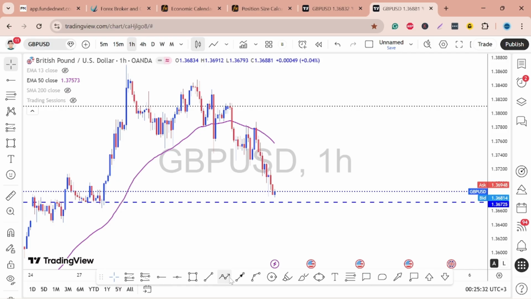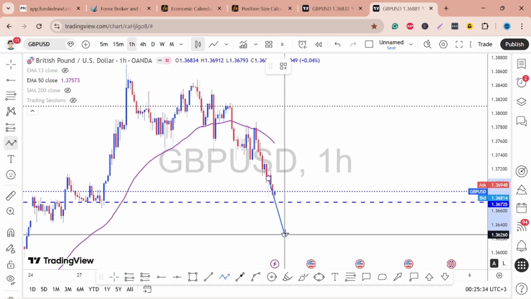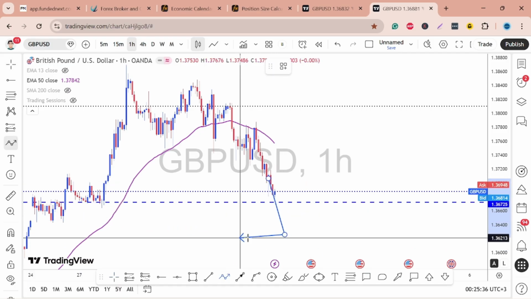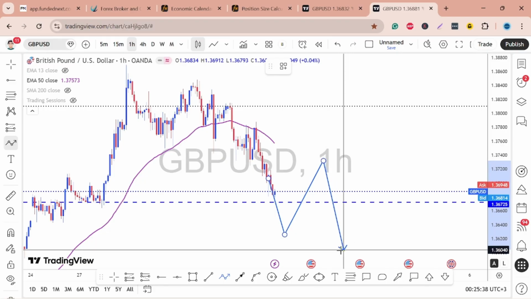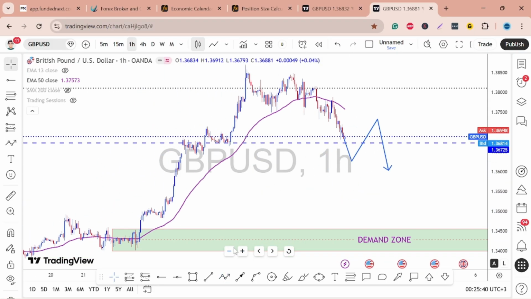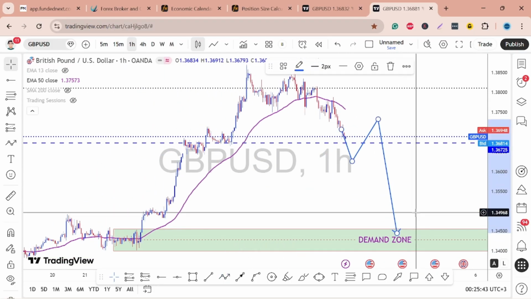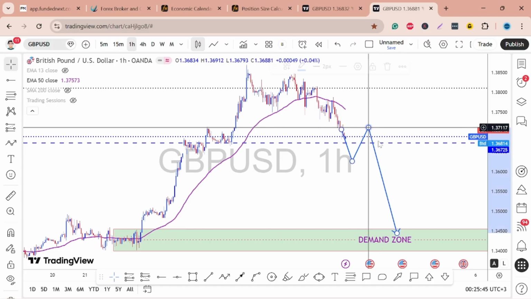In this case, of course, you will have to wait for the break of this mini structure, then look to go short until these levels on here.